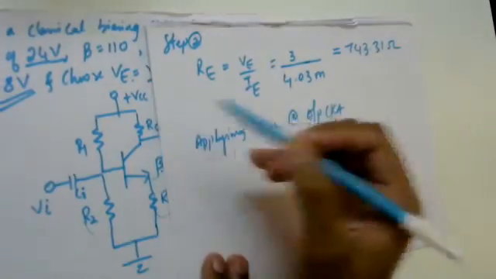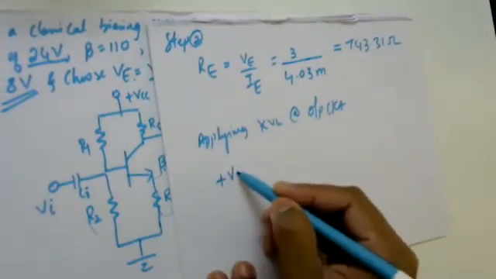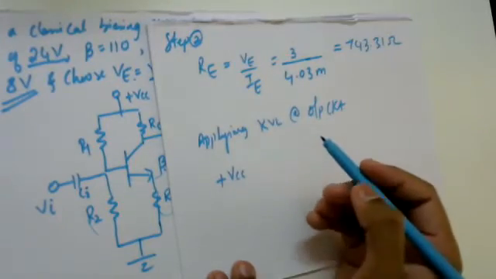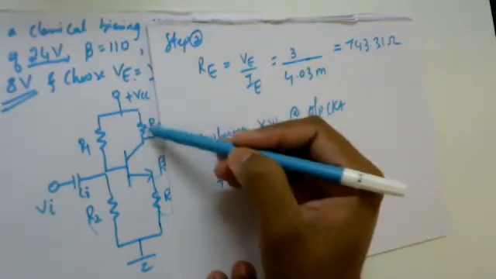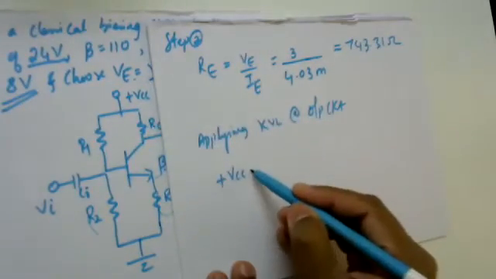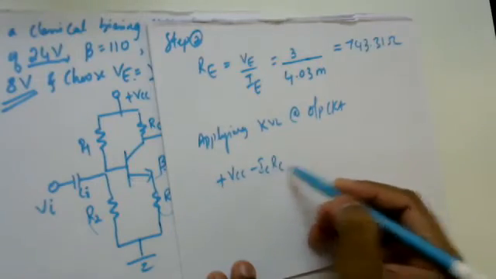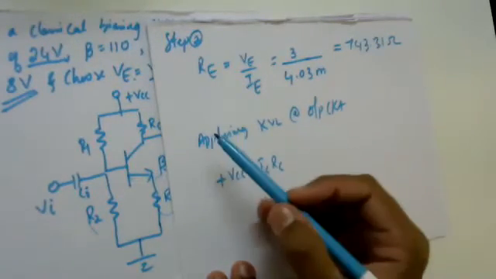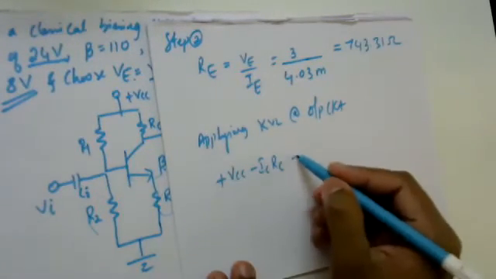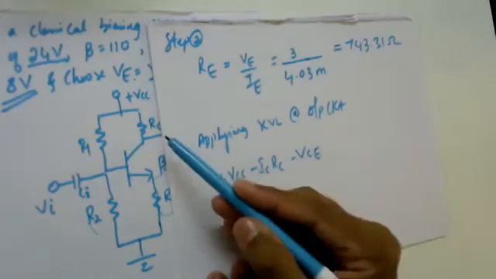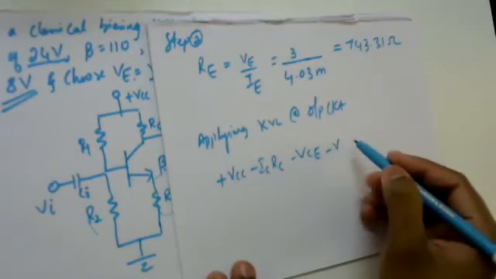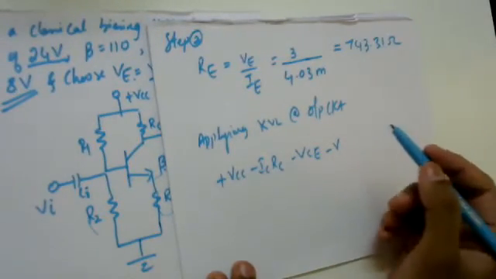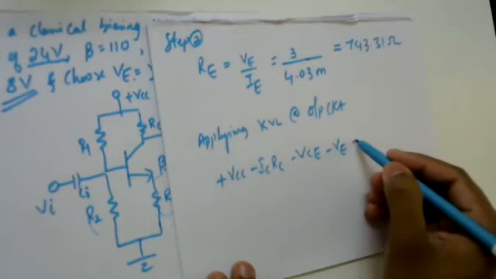Negative to positive, plus VCC, then this drop, ICRC drop, so I'll get minus ICRC, then minus VCE, minus VE. I can write it directly now. Minus VE is equal to 0.